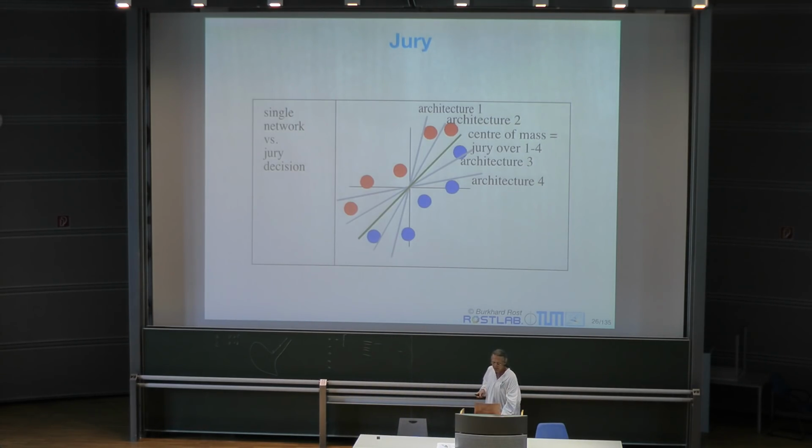solutions? And there's a theoretical statement: you want a device that separates the red from the blue. These are all lines that do a good separation, the gray lines, and by simply averaging over those, you actually do better, as long as there is some white noise, what physicists call white noise.